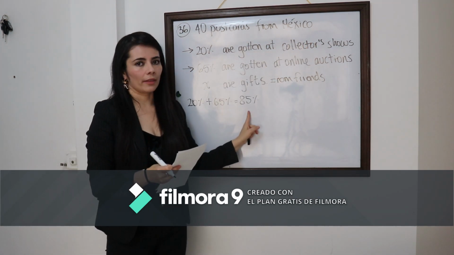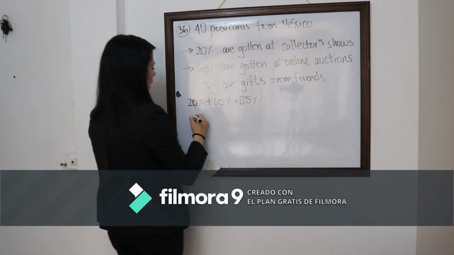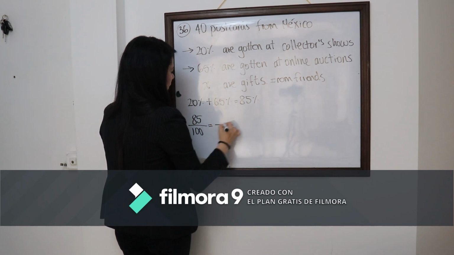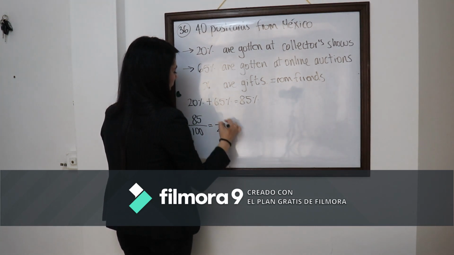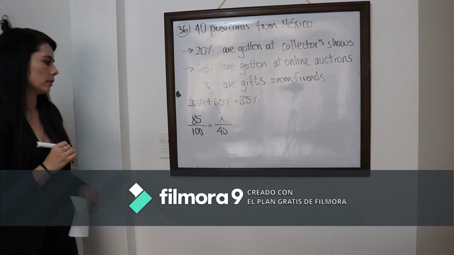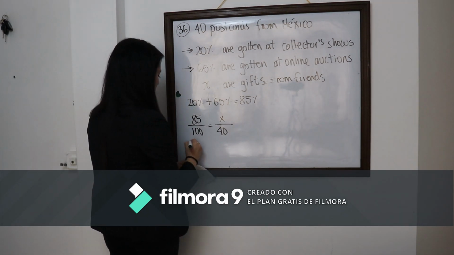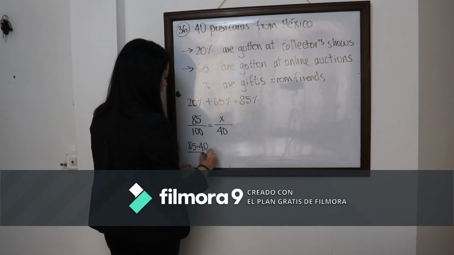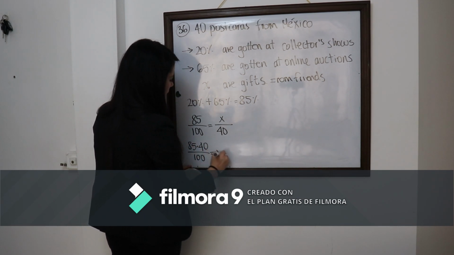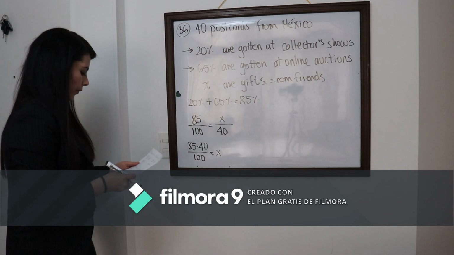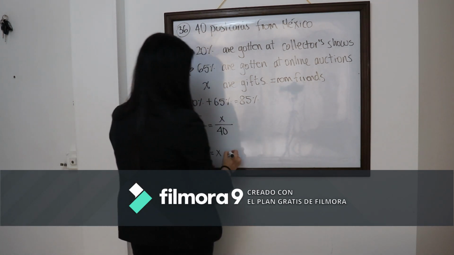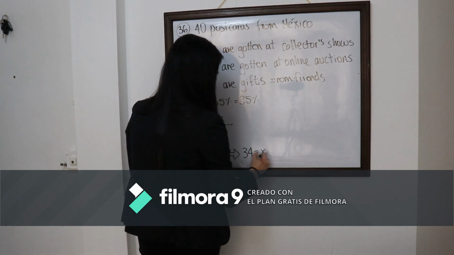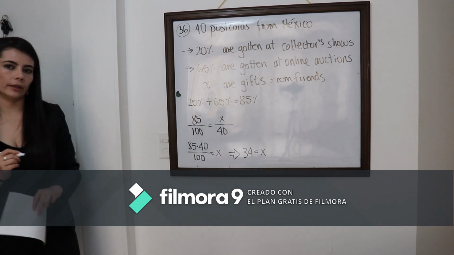So I'm going to find that. And so I'm going to say 85% is how much out of 40, right? And so we know that is going to be 85 times 40 divided by 100 is going to be x, of course. And I already did all the math, so to keep the video shorter, it's actually 34.